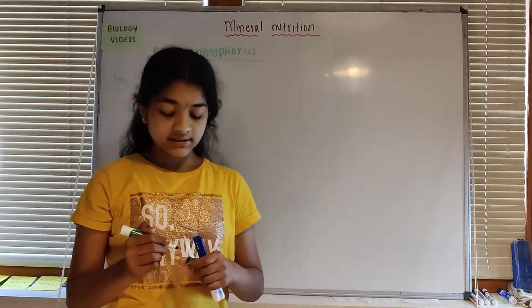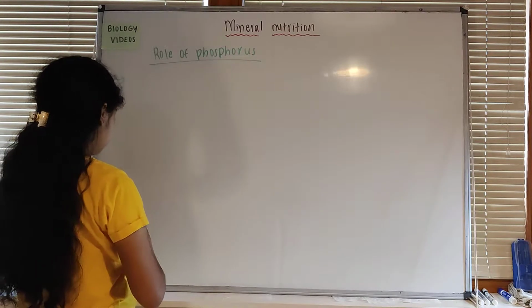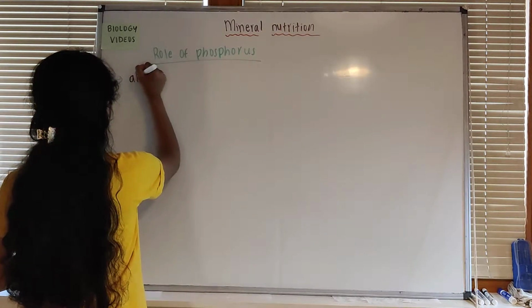Now phosphorus is mainly absorbed, or obtained by the plant, in the form of phosphate ions.